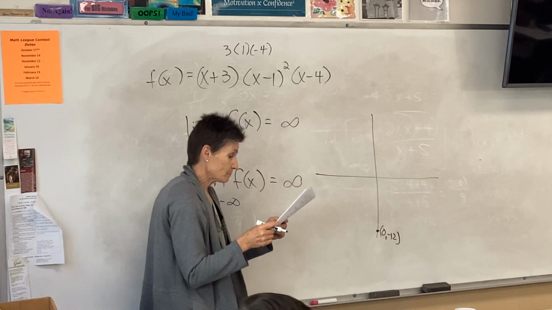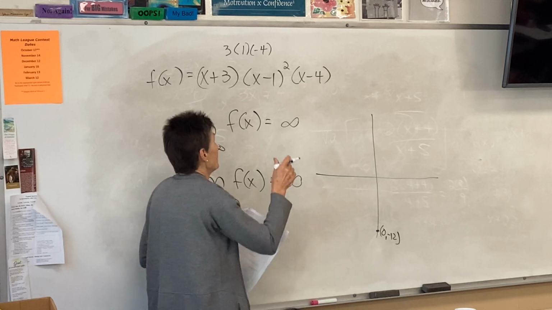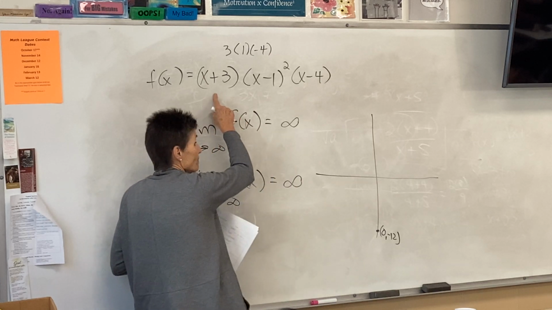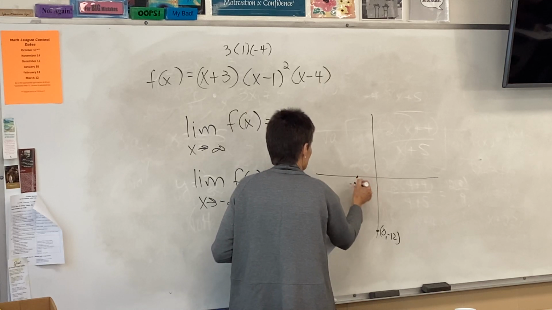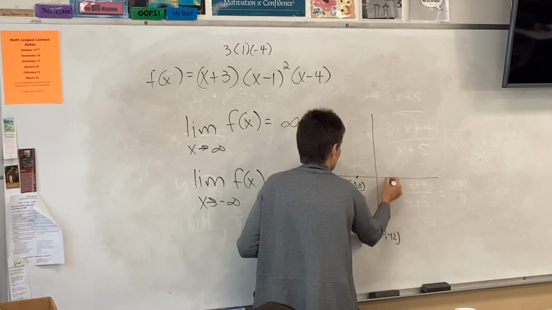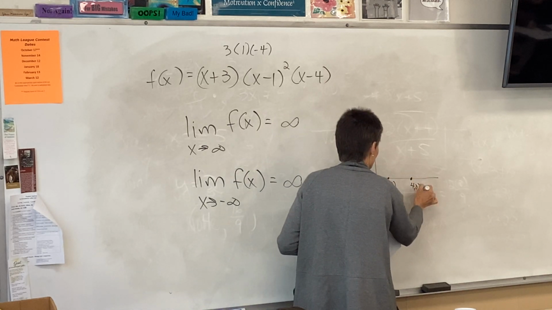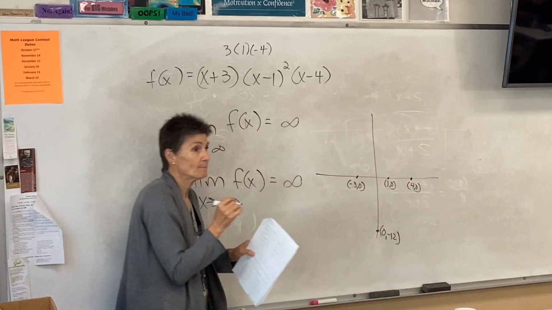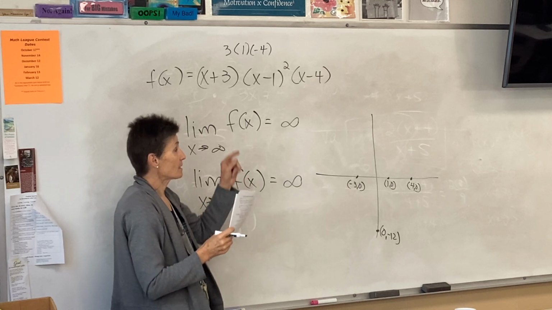Okay. What are my zeros and what is their multiplicity? Well, my zeros are -3, +1, and +4. Would everybody agree with that? And what are their multiplicities?